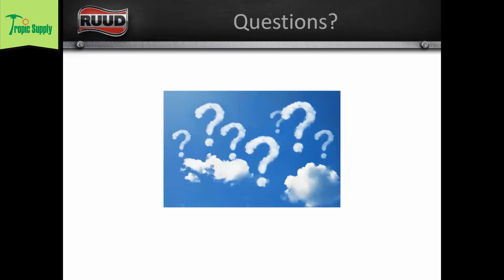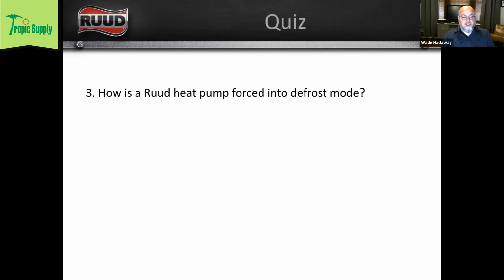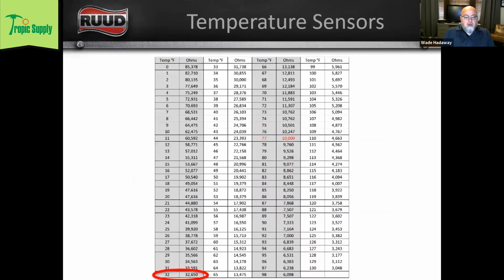Yeah, and that's also pretty standard, right, Wade? That's a standard 10K ohm resistance chart that you can pretty much find in a million places on the internet. Absolutely, just Google it. It's 10,000 ohm at 77 degrees, negative coefficient. Let me go back to the chart here. Negative coefficient means that as the temperature drops, the resistance increases, and as the temperature goes up, the resistance decreases.